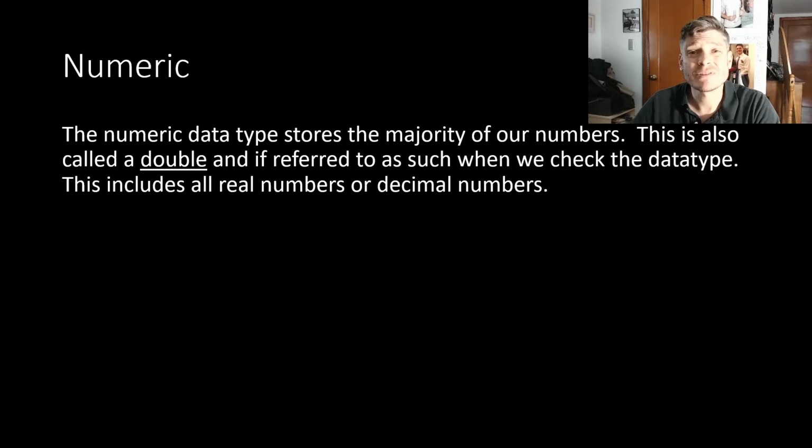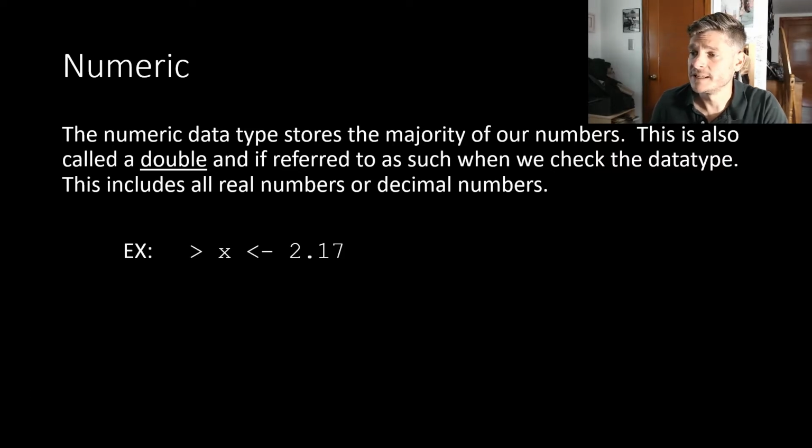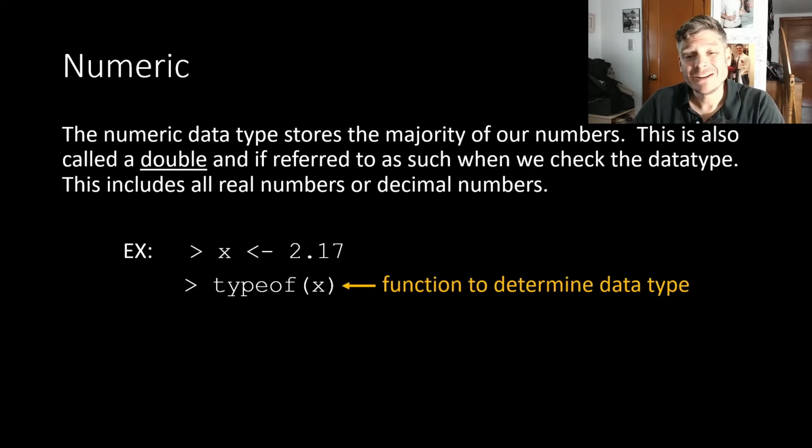This is also sometimes referred to as a double, and we actually will have it called a double when we run our code in R. This basically includes all of our real numbers or our decimal numbers. So, for example, if I have the variable x and I store the literal 2.17, I can use the typeof function, and it's going to determine the data type of my variable.